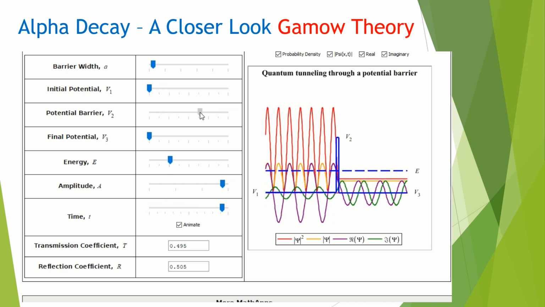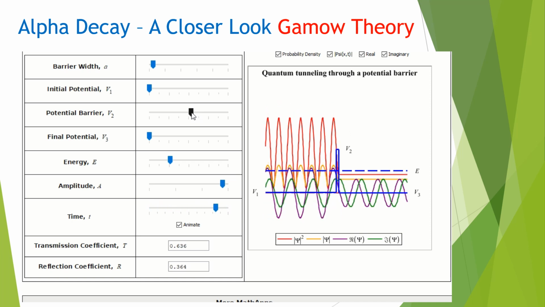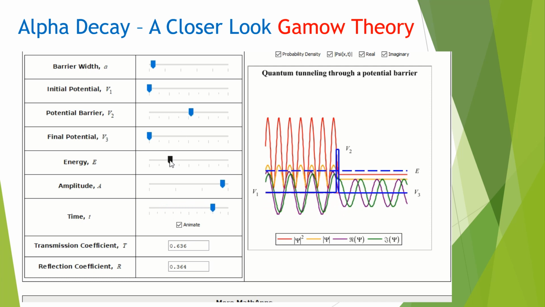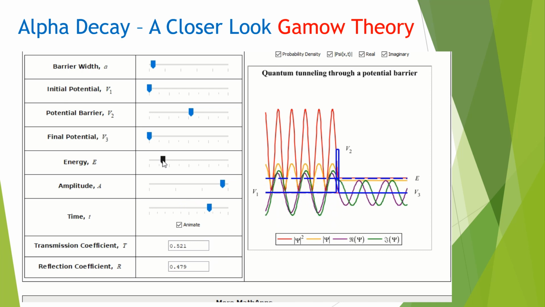Now if we reduce the barrier height, then the transmission probability increases and smaller energy alpha particles can transmit through the potential barrier even when the barrier is much higher than the energy of the incident particle. Thank you very much.